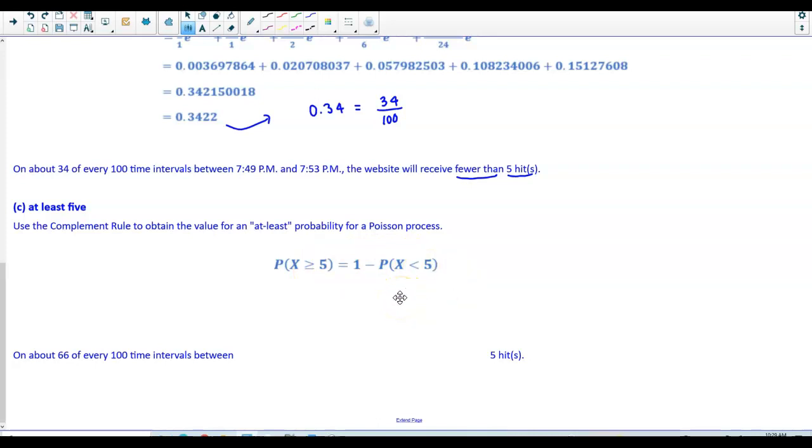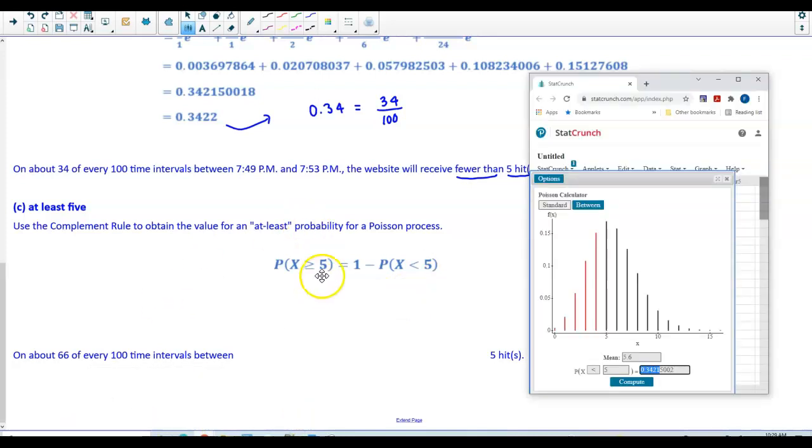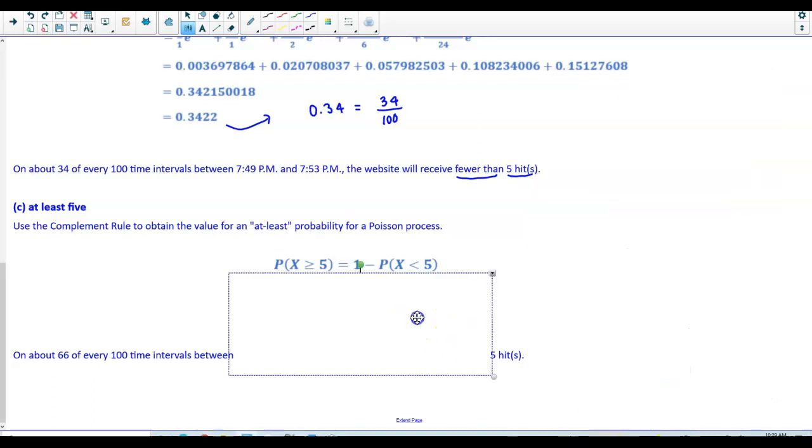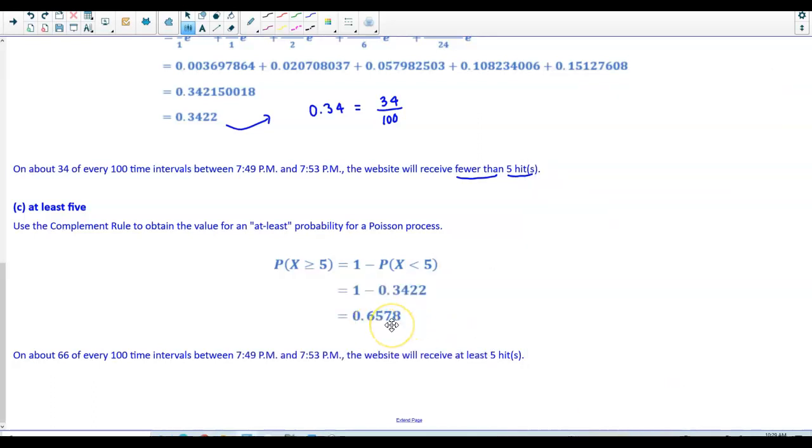If we change the inequality to be greater than or equal to 5, then we get the following probability, which is 0.6578. So there is our probability.